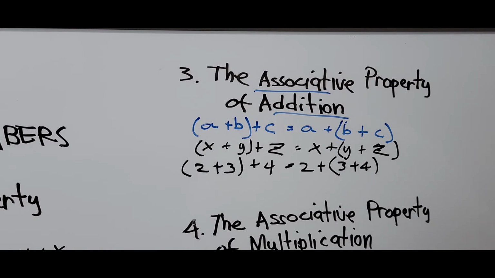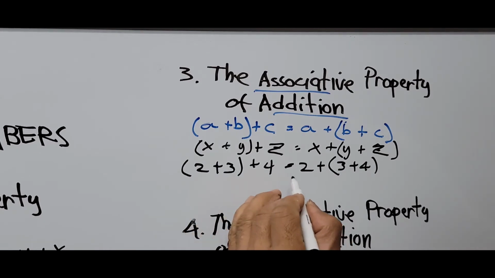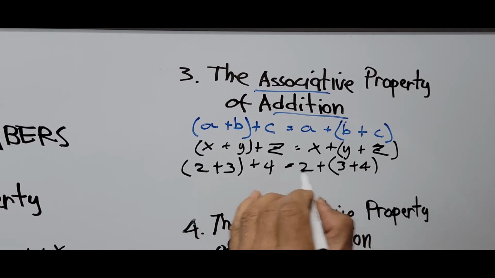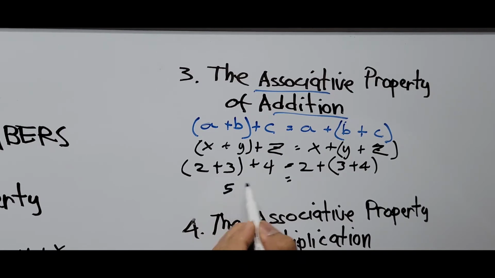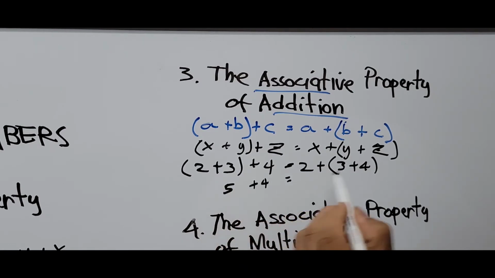If we solve that, it should be the same, right? So that's how it is. Or let's say we solve this: 2 plus 3 is 5 plus 4.